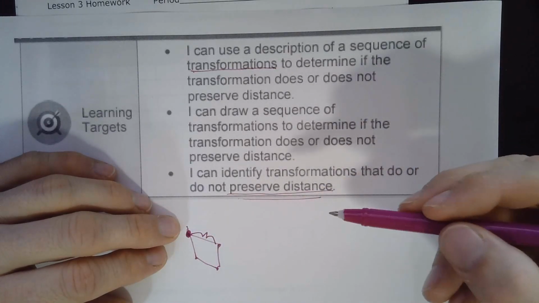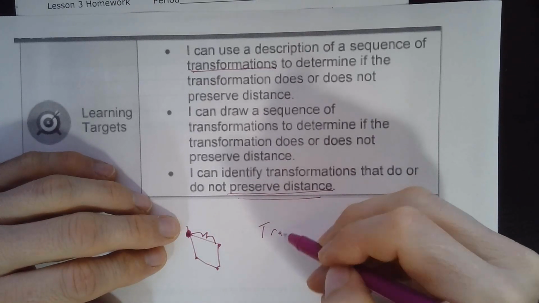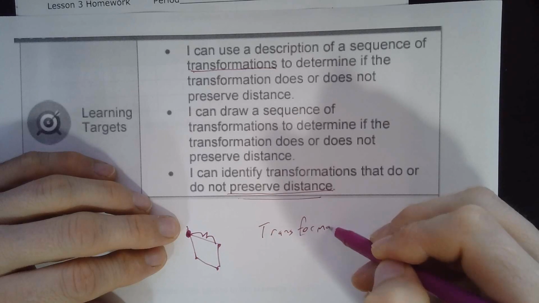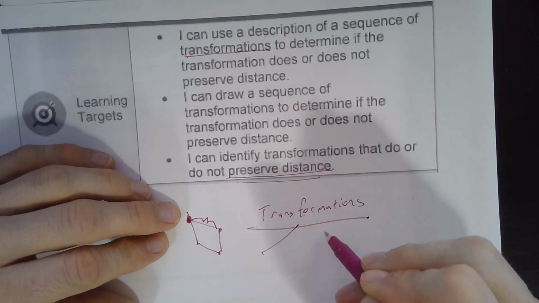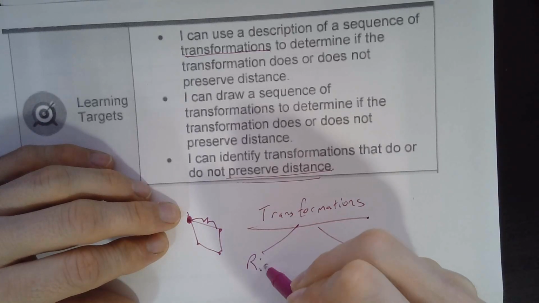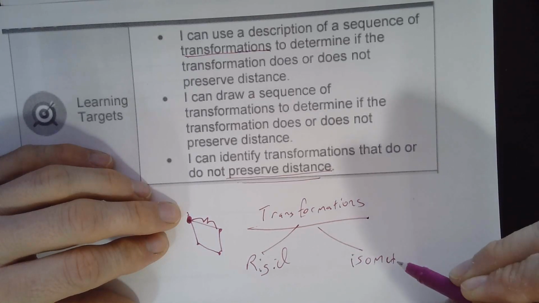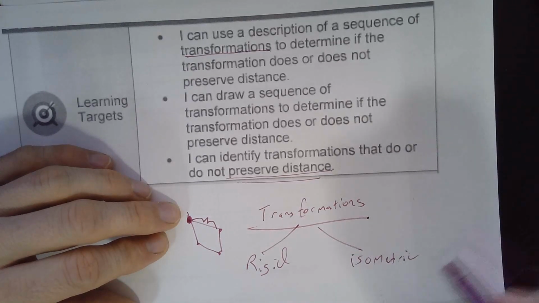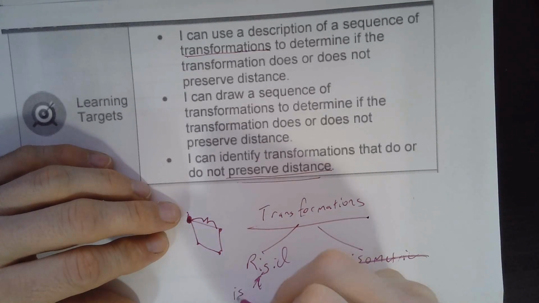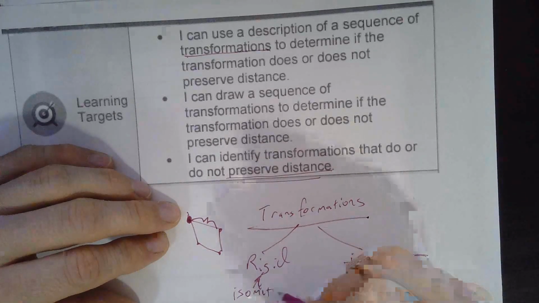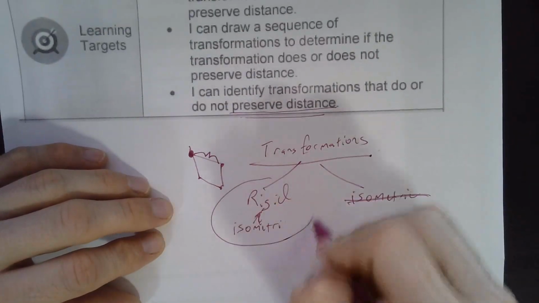Right, so you already know that I have two major types of transformations. Right, I have rigid or isometric. Sorry, rigid, also known as isometric.